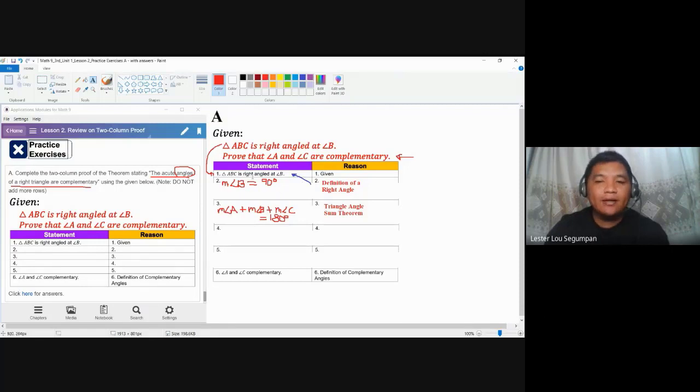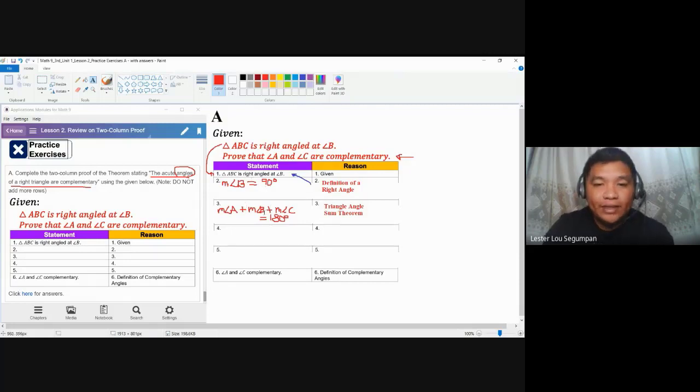But since angle A and angle C are not yet presented in the first two rows, we need to come up with a situation wherein we can present angle A and angle C. Now you might say angle A and angle C are acute based on the given, but it will not lead to a relationship with the previous statement of angle B here.